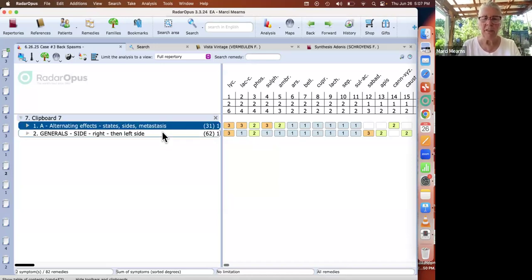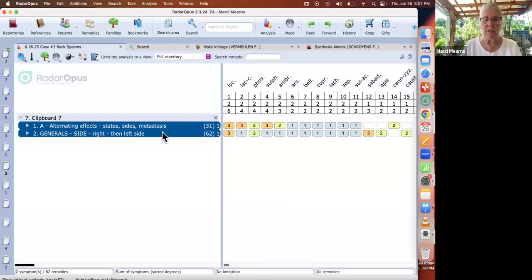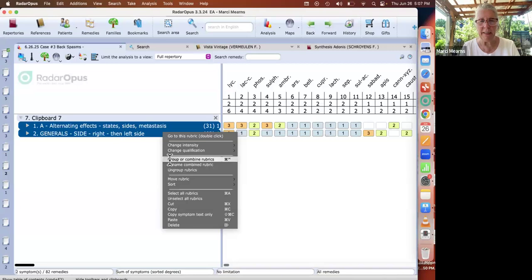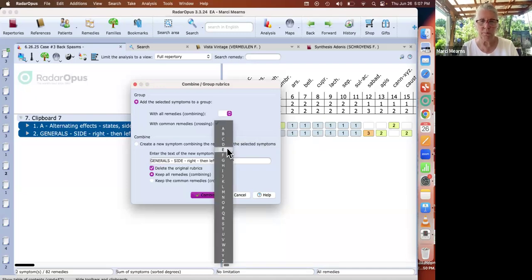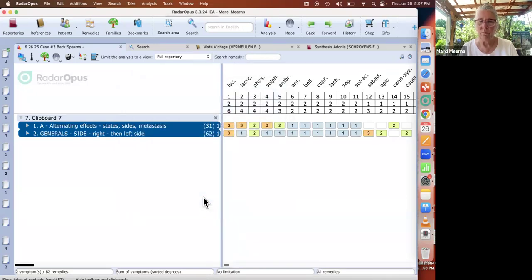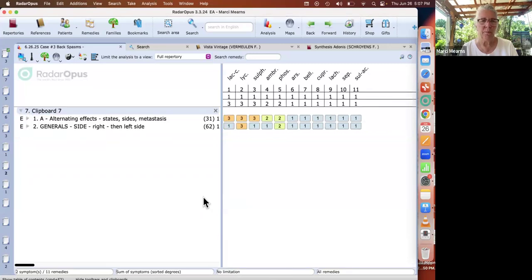There we go. I'm going to take both of those and combine them to a single rubric, group or combine, with common remedies. In other words, when all is said and done, I will only have the remedies that belong to those two. There they are. That's the technique.